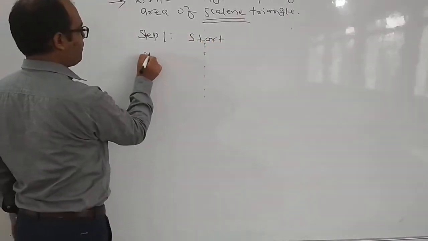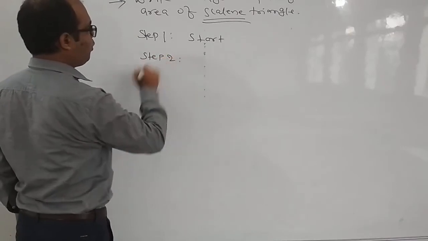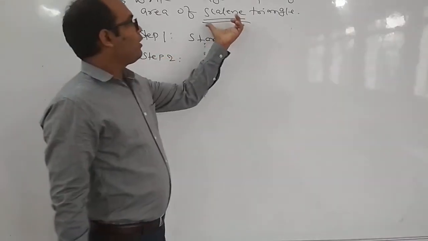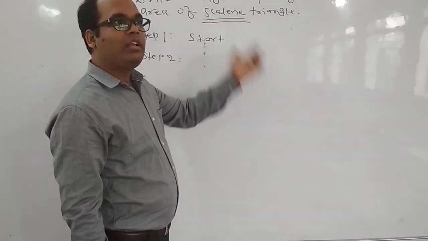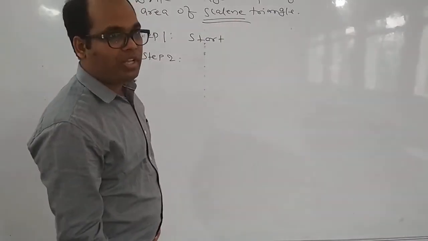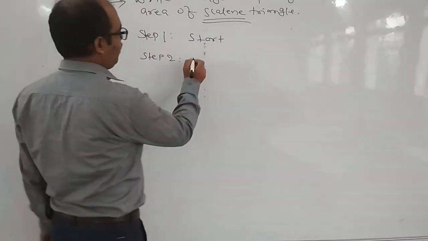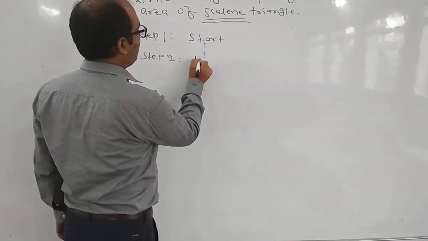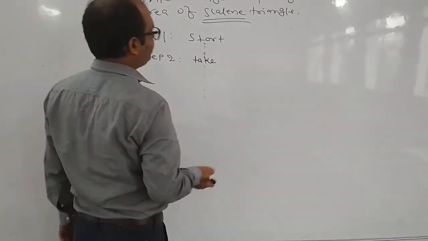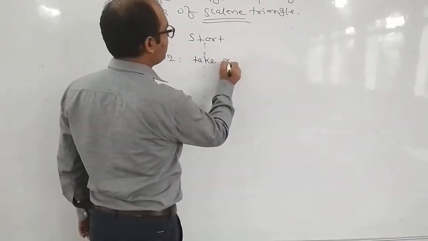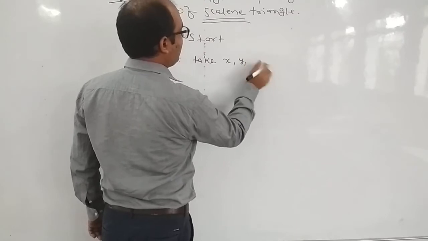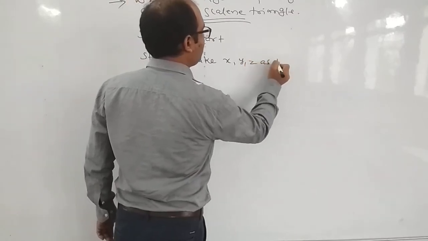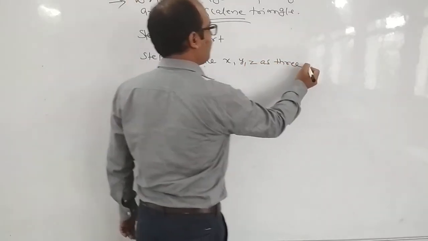Step 2, it is a scalene triangle, all the three sides are different, so we need to take three inputs in this case. So take x, y, z as three inputs.